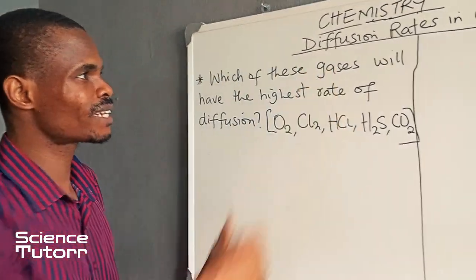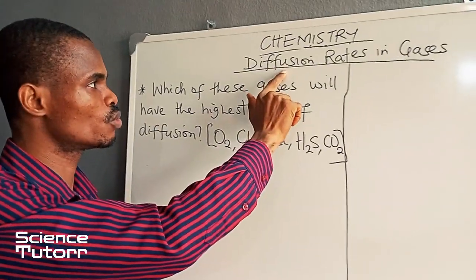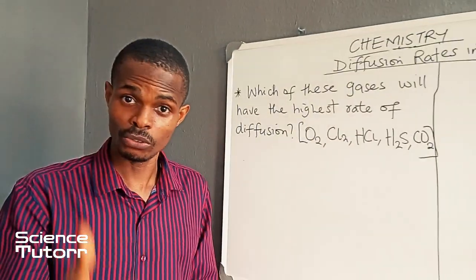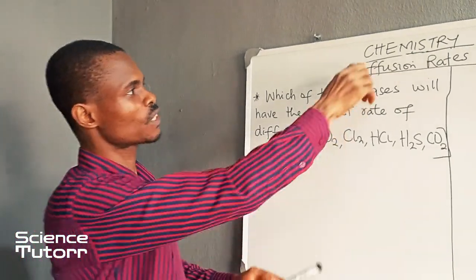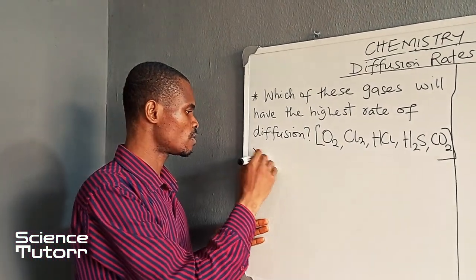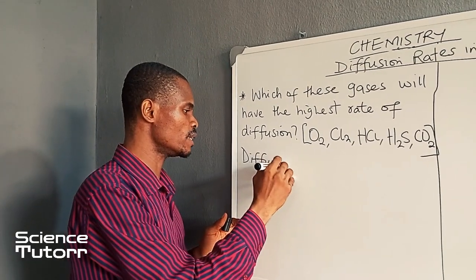Now, for us to answer this question, it will be good for us to have a good understanding of diffusion rates in gases. Now, first of all, what is diffusion? The word diffusion has to do with movement.